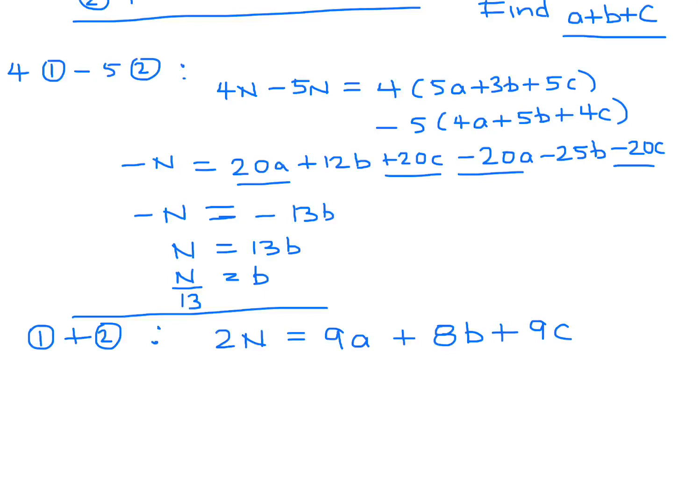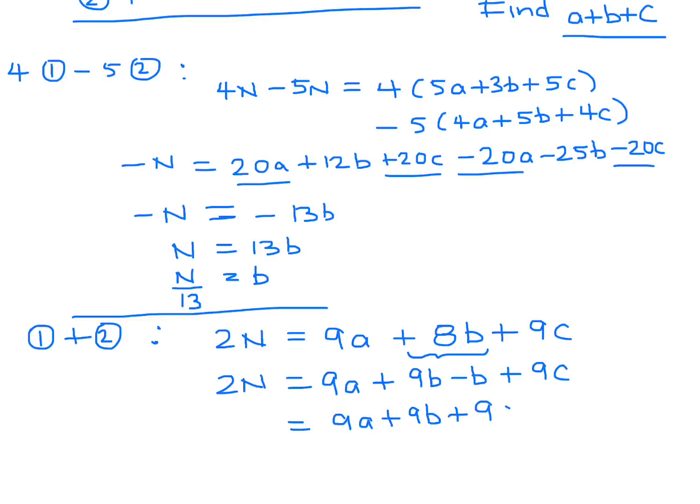So what we can do, and this is perfectly allowed, is we can say 9a plus 9b minus b plus 9c. You see what I did there? I just broke up 8 into 9 minus 1. Haven't changed anything. And then this becomes 9a plus 9b plus 9c minus b is 2n. And this one we can work with.